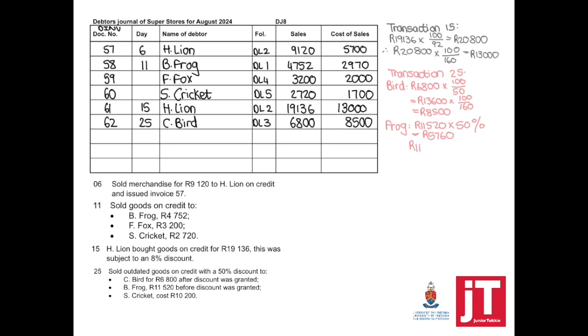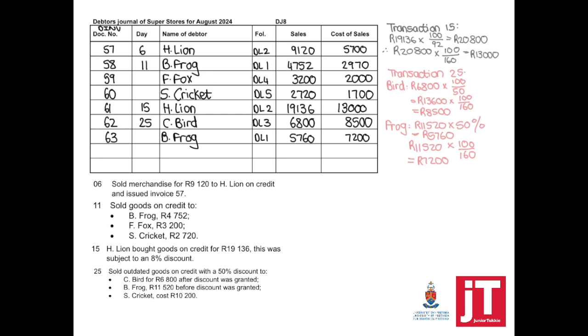This is my selling price. And to work out the cost, we use the original selling price, 11,520 times 100 divided by 160. So it's technically a little bit easier than Seabird, because they've given you the selling price before the discount, whereas with Seabird it was after the discount.